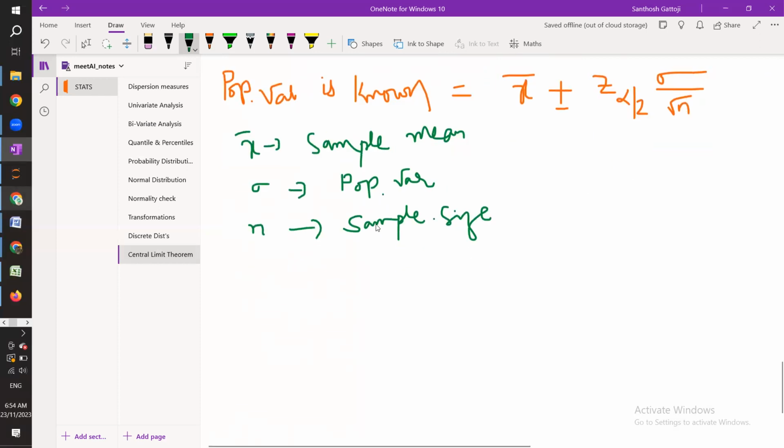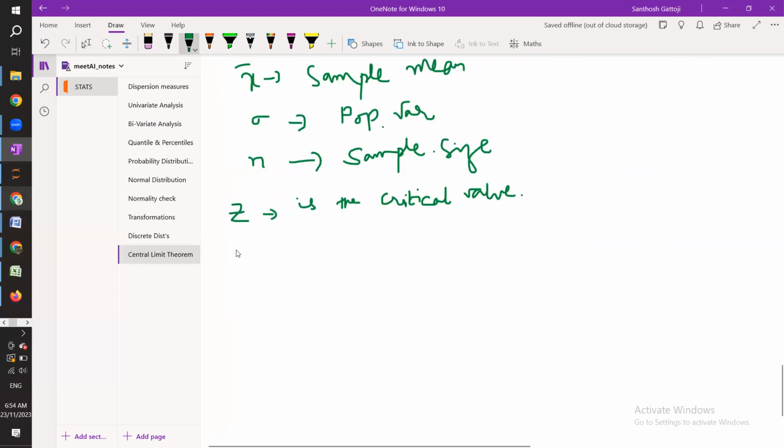And what is this z? Now z is called the critical value. We need z at alpha by 2, which means z should be calculated at a value called alpha by 2.